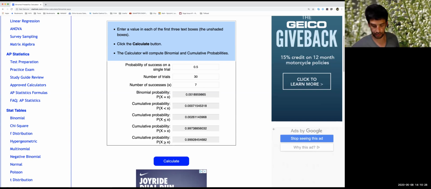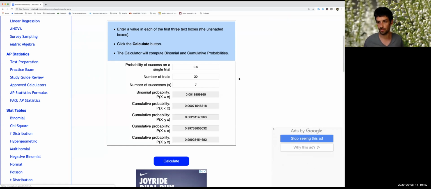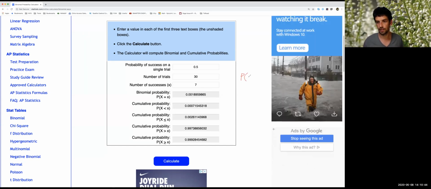All right, so remember we wanted to know the probability that x was equal to 7, the probability that x was less than or equal to 7, and the probability that x was greater than 7.